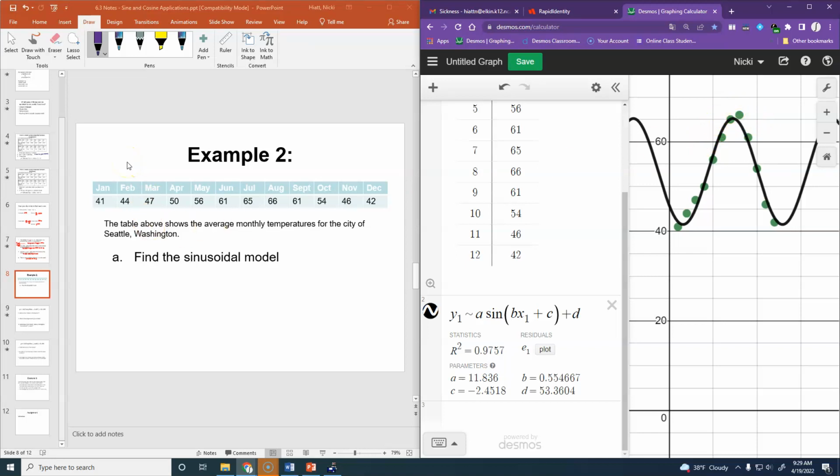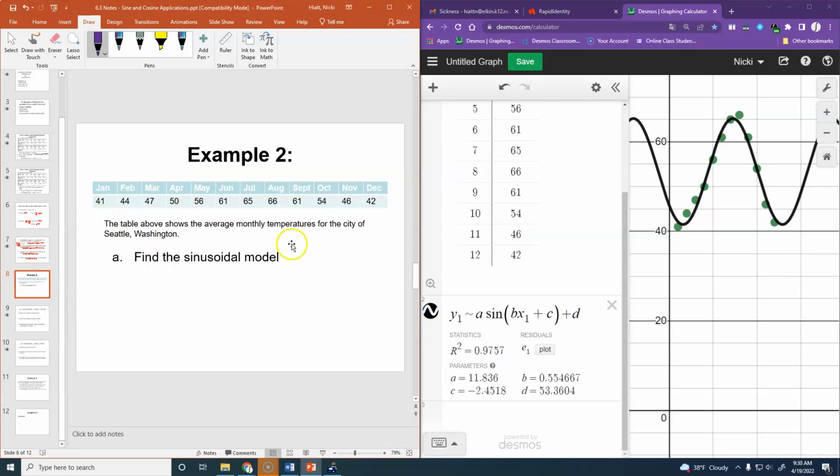Although, I wonder if these are average high temperatures or just average temperature altogether, because surely Seattle's average high temperature is not 66 degrees in August. It's kind of rainy. We'll look at that later.